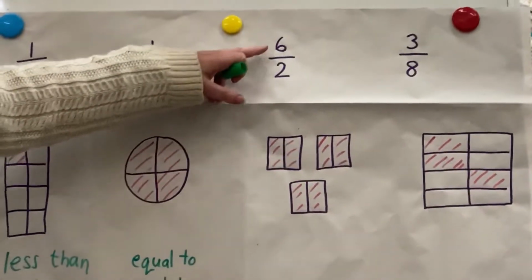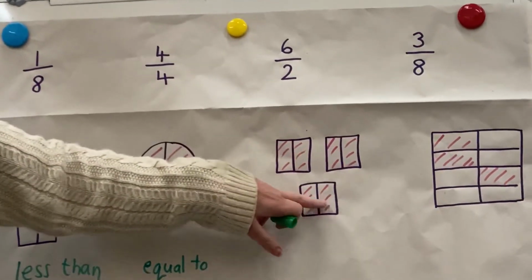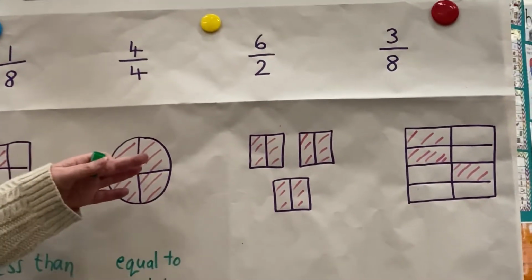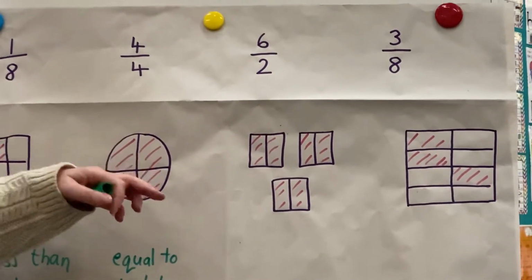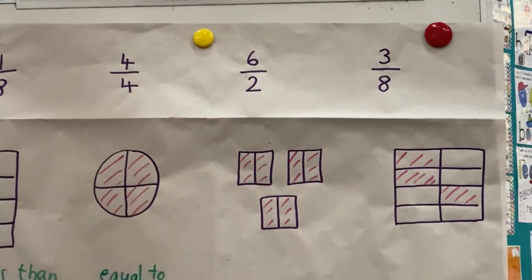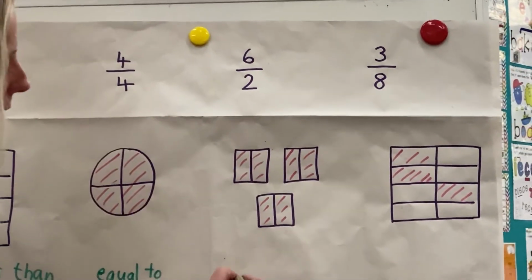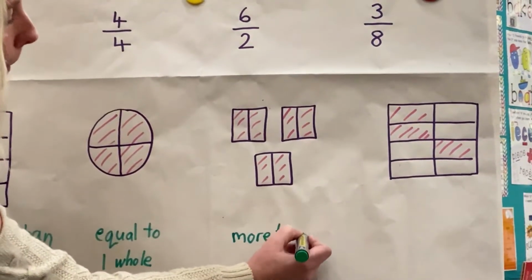This next fraction, 6 halves, 1, 2, 3, 4, 5, 6. Have we got one whole thing, or have we got more than one whole thing? Well, in fact, we've got 1, 2, 3 whole things. So 6 halves is more than one whole. It's actually 3.